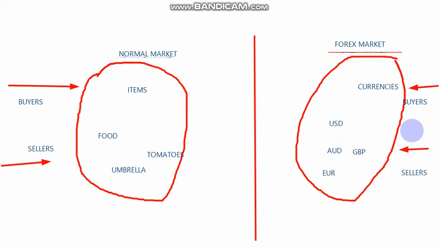So all these currencies are there, and when they come together, let me see, somebody comes with USD and another person comes with GBP. So maybe you exchange and it becomes a pair, USD GBP, or for example EUR USD.